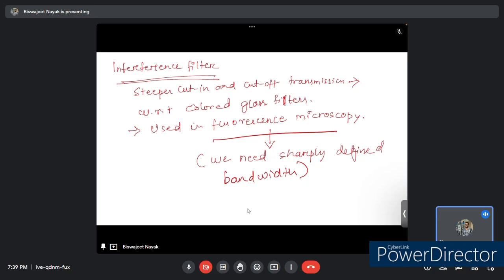Next important concept, before going to the bright illumination, we'll talk a little bit about light microscopy and what the different parameters needed for light microscopy are.